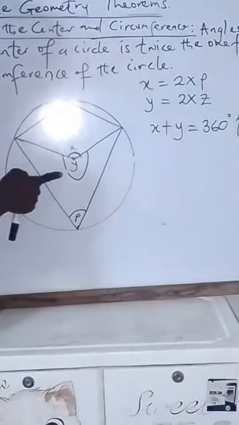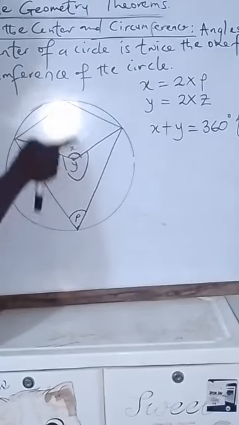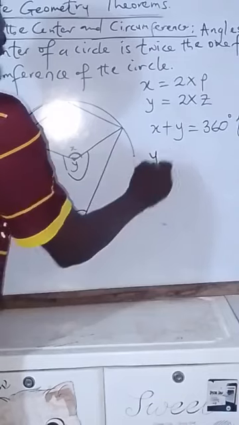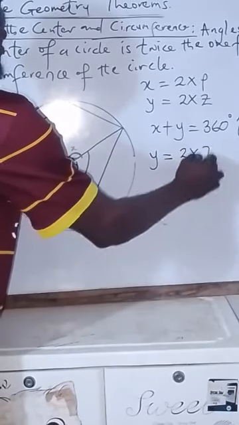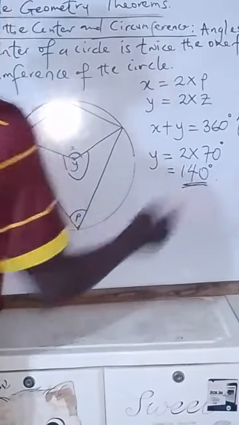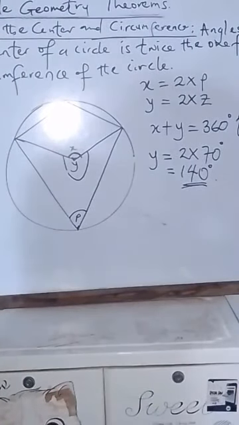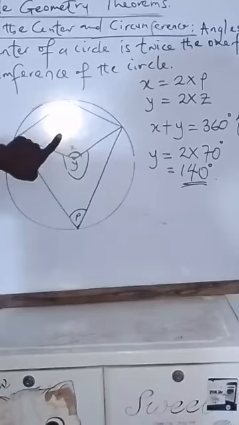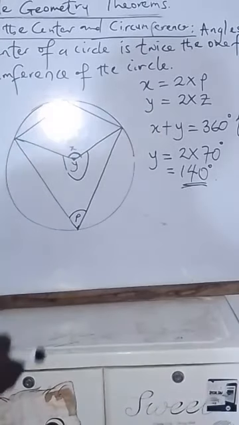So what is y? From this theorem, angle at the center is 2 times the one at the circumference. So at the circumference, 70 degrees. Then y will be equal to 2 times 70 degrees, giving me 140 degrees. If that is the case, what is angle x? X added to y must give 360 degrees.